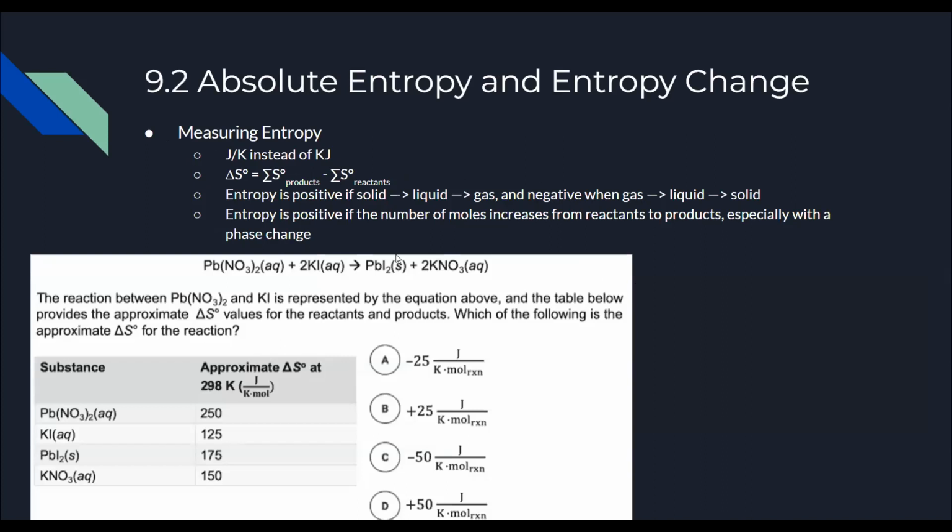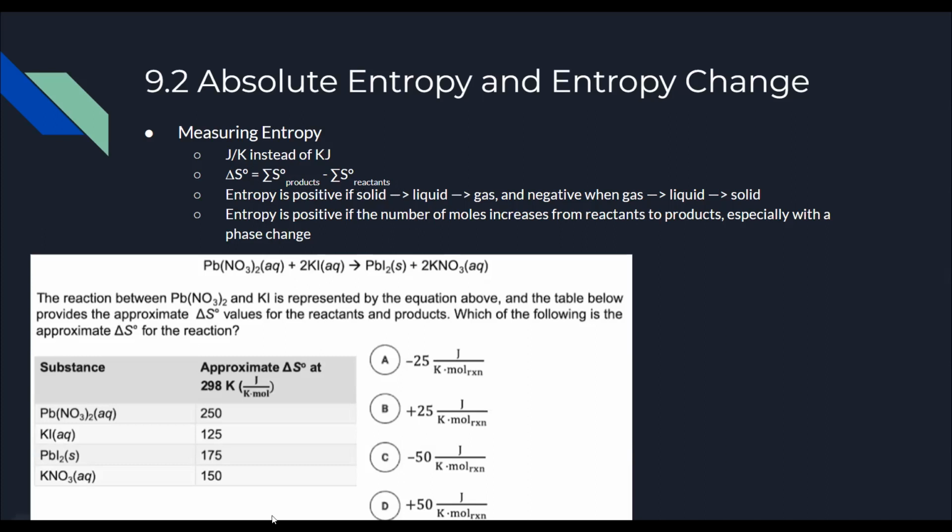So measuring entropy. Entropy is measured in joules per Kelvin instead of kilojoules per mole. And the equation you can use to find the entropy, delta S, is by summing up the values: delta S equals S products minus S reactants.